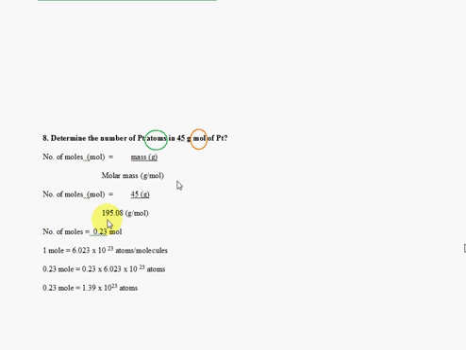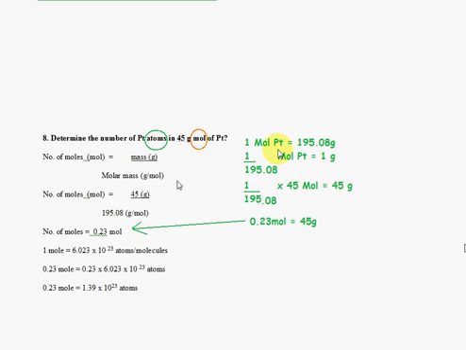Converted to grams, that gives 195.08 grams, and that's in 1 mole of platinum. So we'll work out the number of moles from this, and the number of moles is equal to 0.23 moles, just by straight up division. So 1 mole of platinum is equal to 195.08 grams.